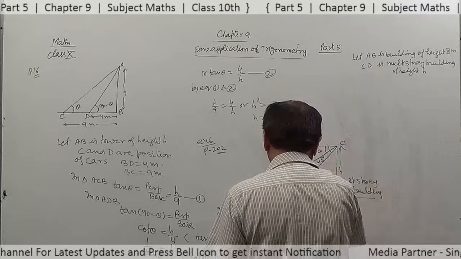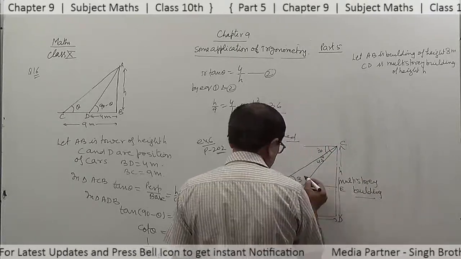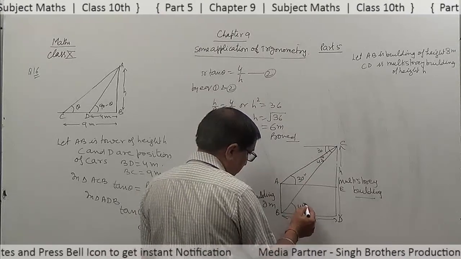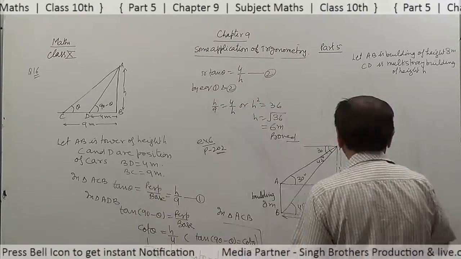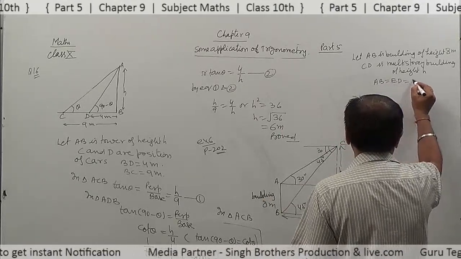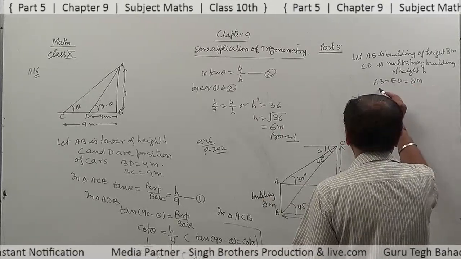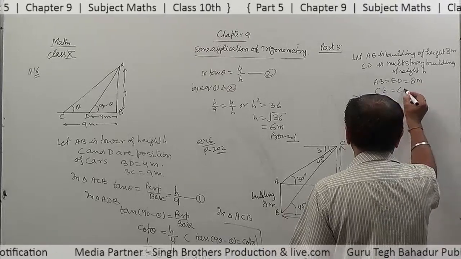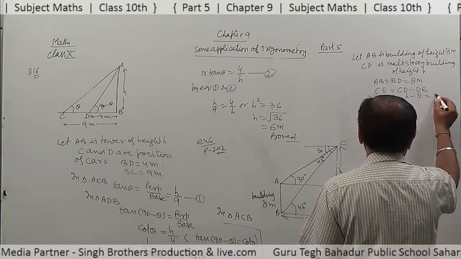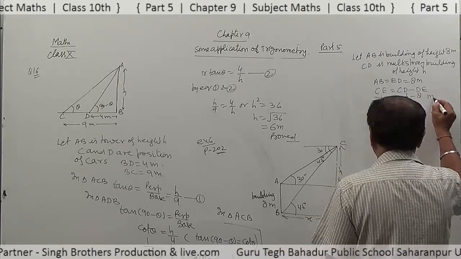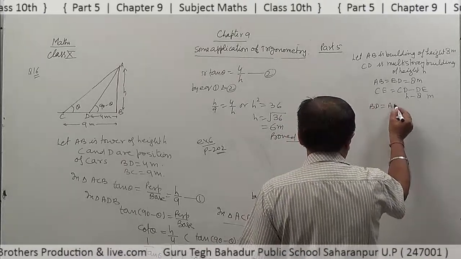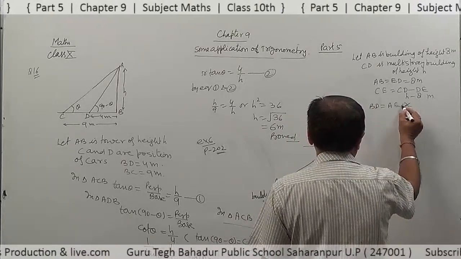So this is 30, it will be 30 degrees. This is 45, it will be 45. AB is equal to ED is equal to 8 meters. CE is equal to CD minus DE, h minus 8 meters. BD is equal to AE is equal to x.